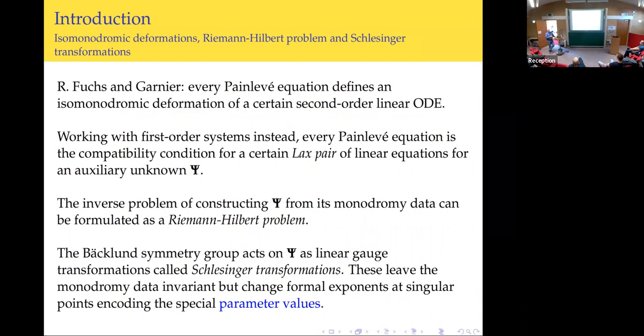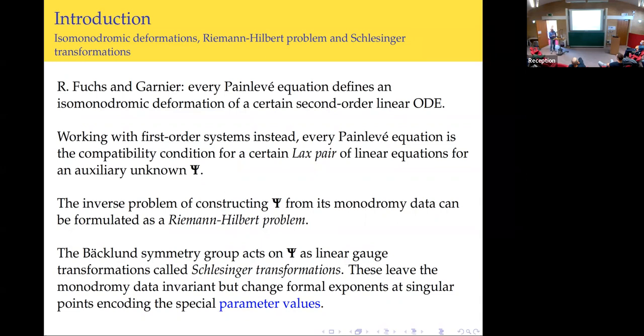And the modern version of the theory works more with first order systems instead of second order differential equations. So if we do that, then we get some kind of a 2x2 matrix psi, which is the stand-in for the solution of the second order linear problem. And every Painlevé equation is the compatibility condition for a certain Lax pair, it's called, of linear equations for this matrix psi.